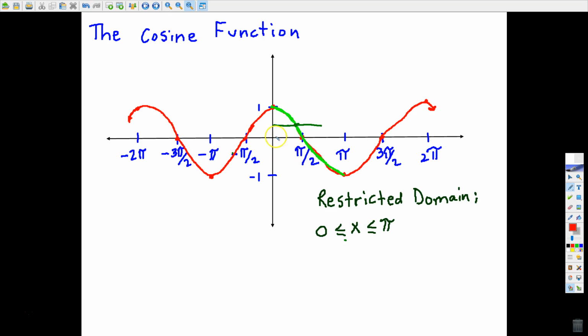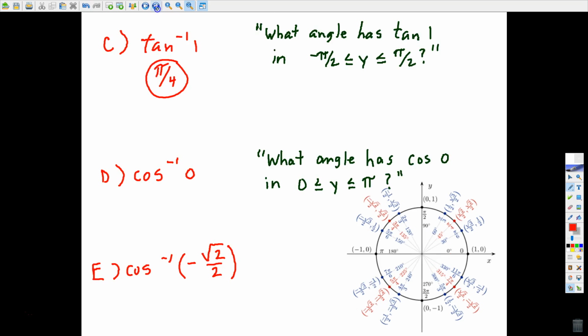Between 0 and pi is the range. So when you're talking about the unit circle, you're dealing with the top half. Cosine is different from sine and tangent. If the angle exists, it'll be in the top half of the unit circle.